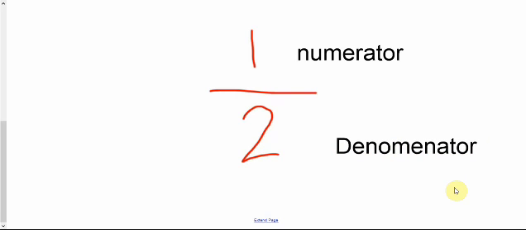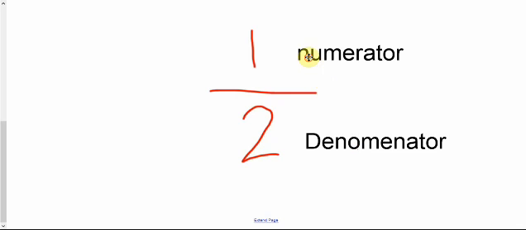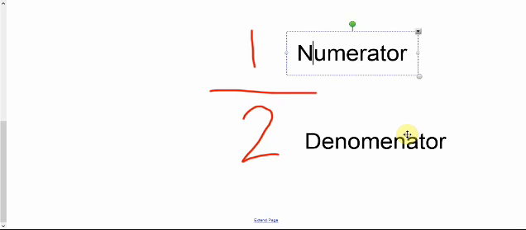So I have a numerator in the top and denominator in the bottom. And what's between them in here is the fraction bar, which is a line between the numerator and the denominator. So this is the form of the fraction.